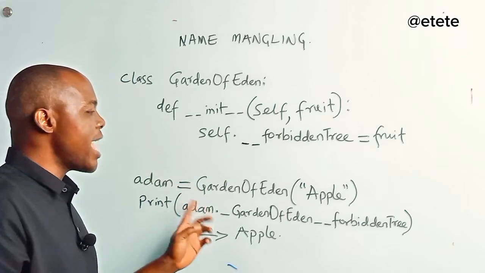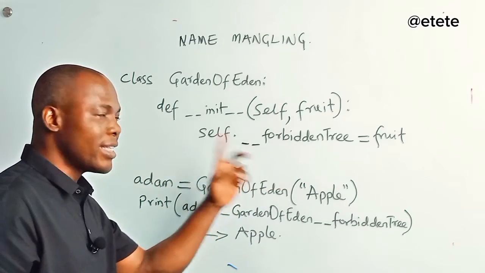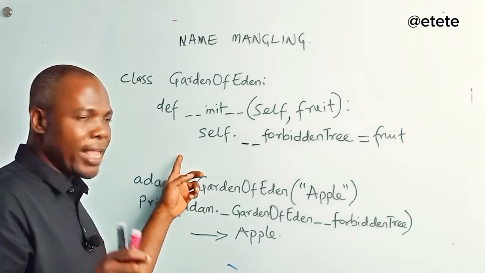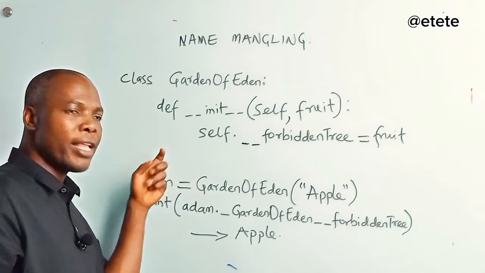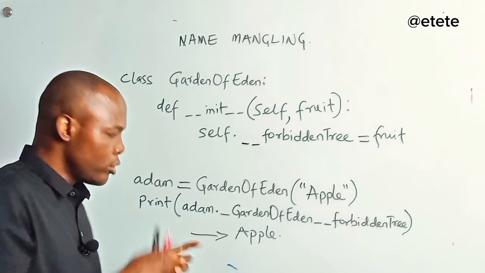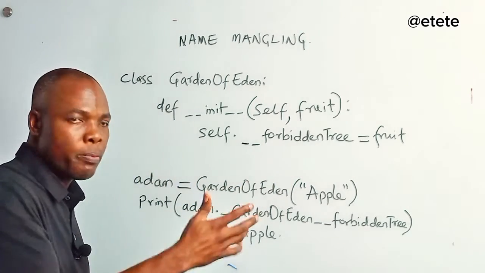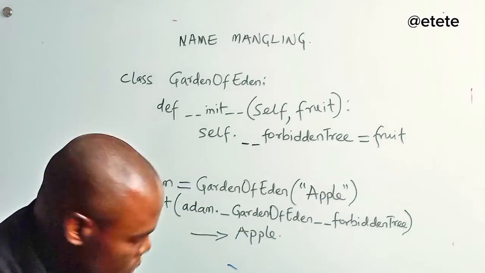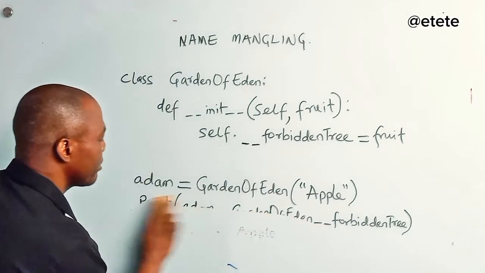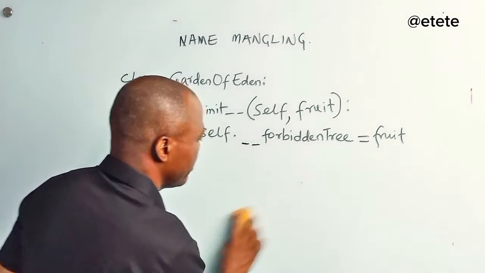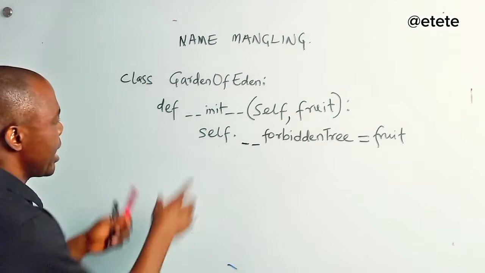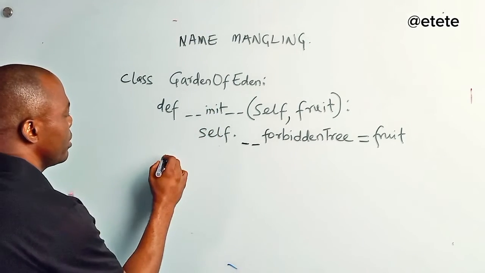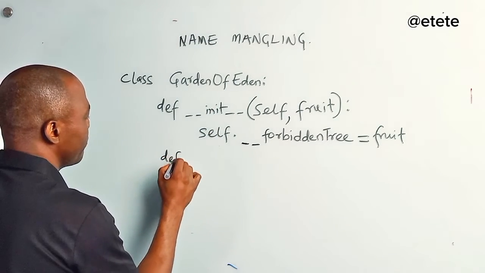But I can equally access this again by creating a getter method inside this and then using that getter method to access this. So let me just quickly show you that before we go to PyCharm, and then I'll demonstrate both for you. So I can come here and define another method, which is what? Def, right?